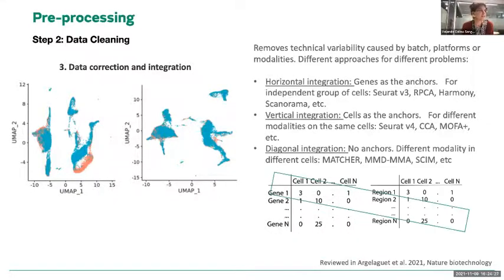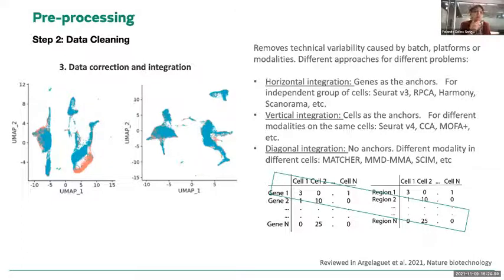And then finally, we have the diagonal integration, which is by far the hardest, which is when you have different cells and different modalities. So there are no anchors here. And there have been some methods that have tried to tackle that, and I've brought some there.